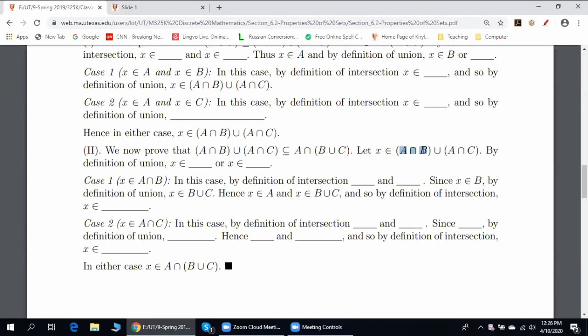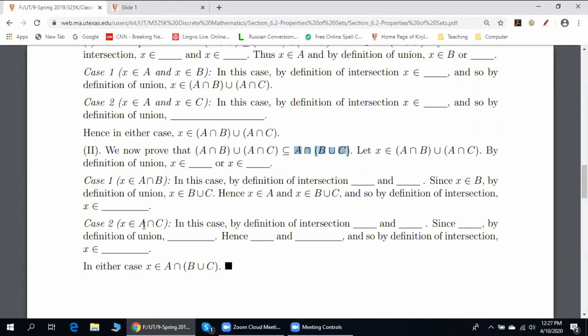Suppose X is from A intersection B. In this case, by definition of intersection, X is in A and X is in B. Since X is in B, by definition of union, X is from B union C. Therefore X is from A and X is from B union C. Therefore, by definition of intersection, X is from A intersection B union C, which is the right-hand side of what we want to prove.